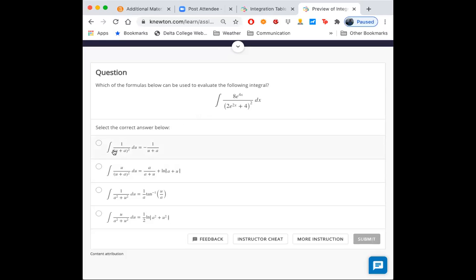Do I want u to be equal to 2e to the 2x? Or do I want u squared to be equal to 2e to the 2x? So we might have to play around with this a little bit.